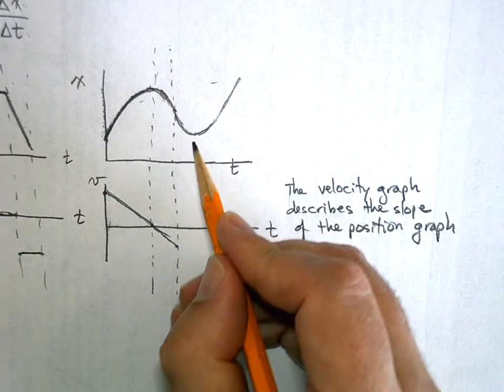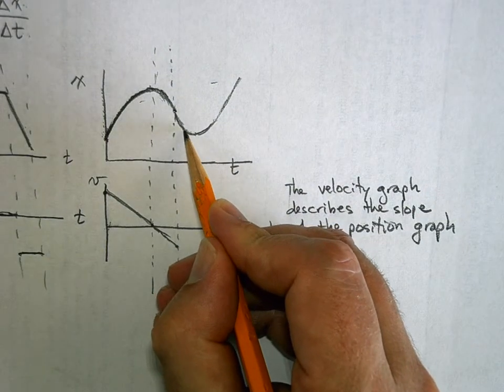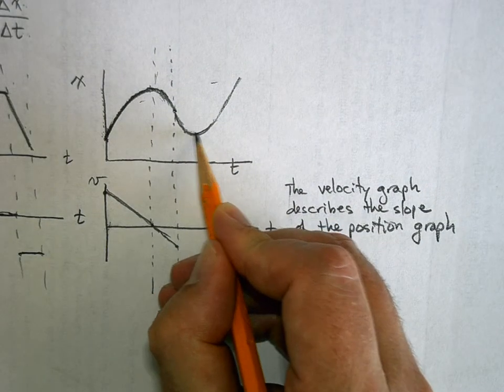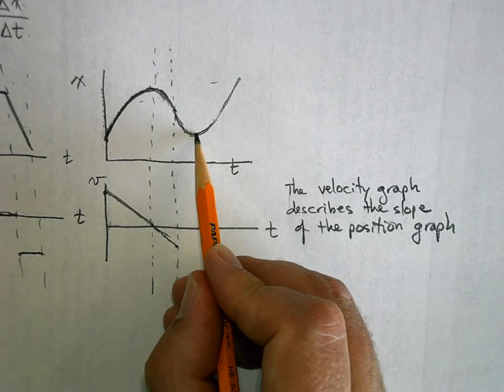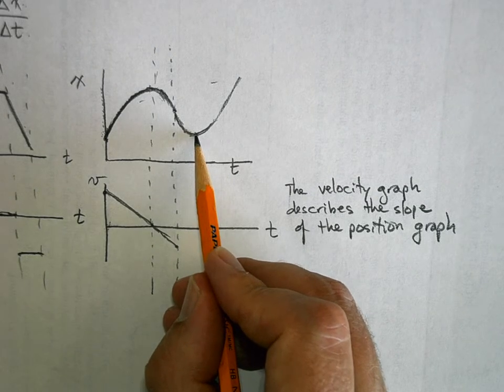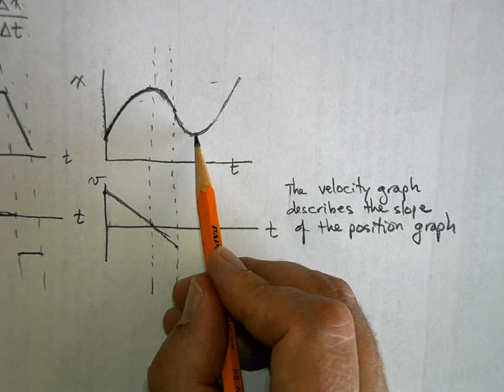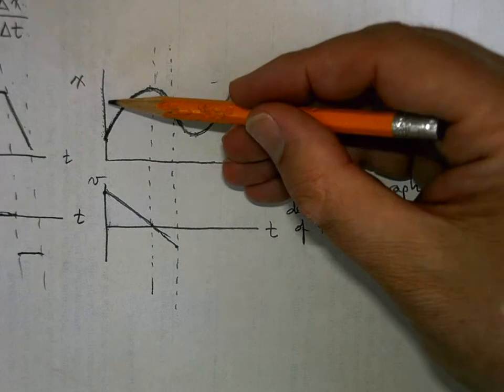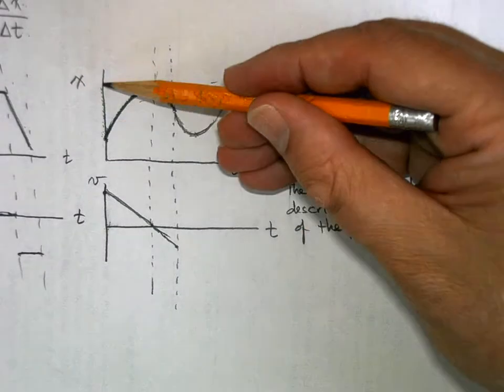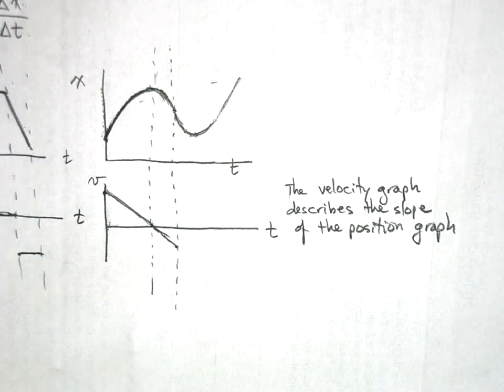And now it's getting shallower and shallower until, what's the slope right there? Somebody give me an answer. It's 0, right? Because what am I doing to my motion? I am changing direction. I was moving backwards, but now I'm going to move forward again, so I have to stop for an instant in time.